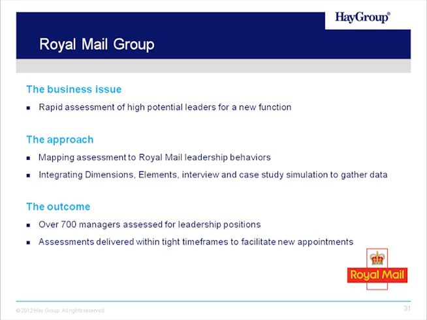So they mapped the dimensions assessment to their leadership competencies, and then they assessed over 700 managers with a combination, again, of other assessments as well, and interviews, to make their final decisions of really who was the best fit for the new job appointments.